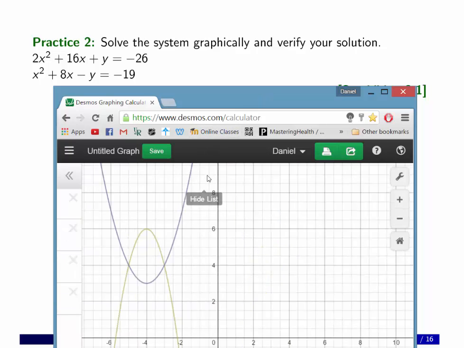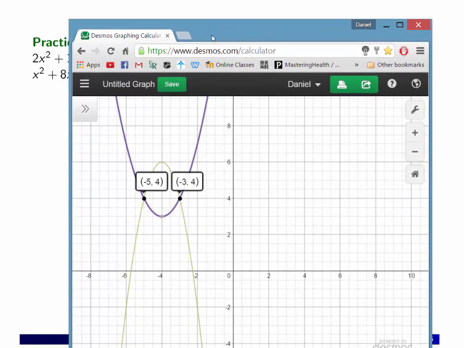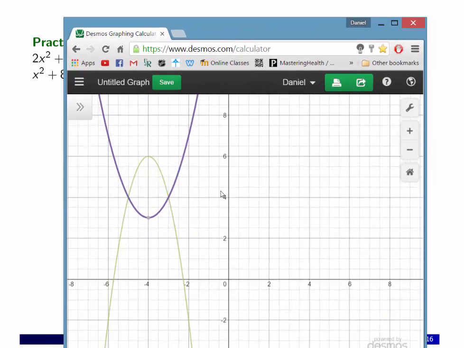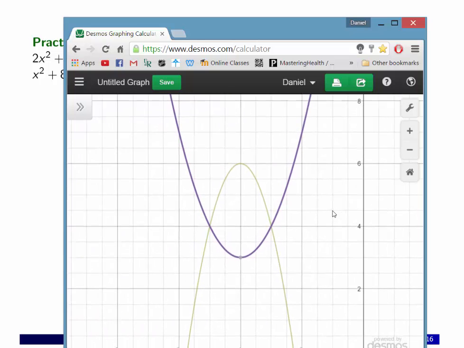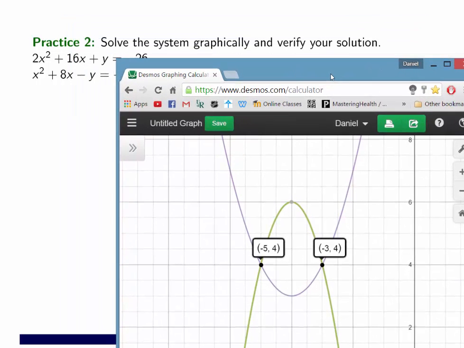Okay, there we go. So you can see we're going to have 2 points of intersection at negative 5 and 4. I can zoom in here for you. Negative 5 and 4 and negative 3 and 4. So there we have it.